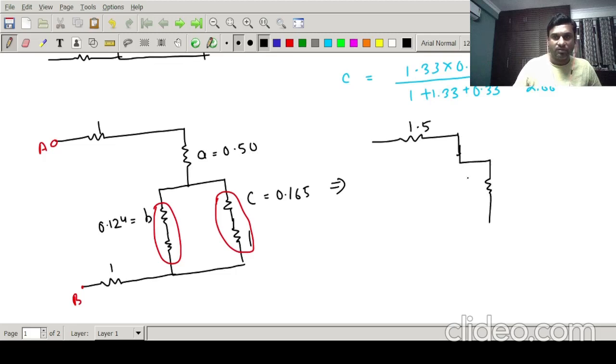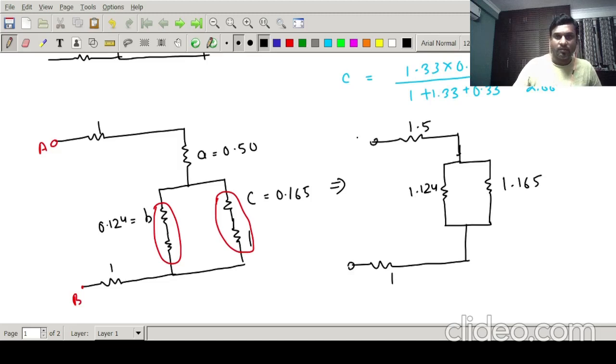Now these are series parallel to each other. So here I can write down this is 1.165, this is 1.124, and this is 1.